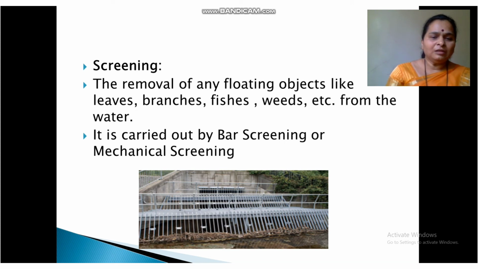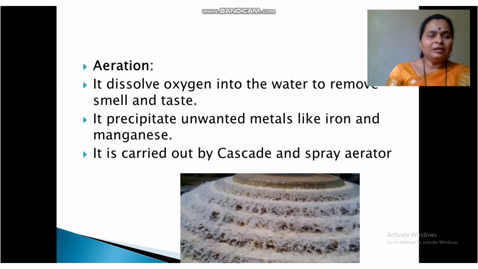You can see in the diagram, these are the screens which are used for removal of all the floating impurities. Then the aeration process dissolves oxygen into the water to remove smell and taste. It precipitates unwanted metals like iron and manganese. It is carried out by a cascade or a spray aerator.